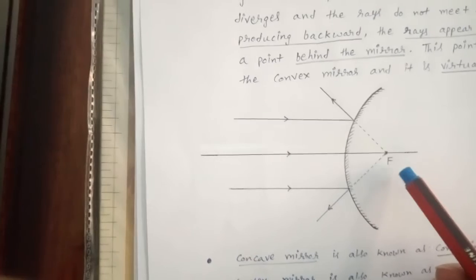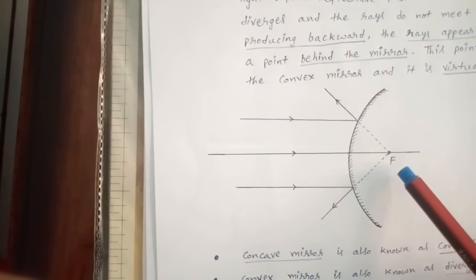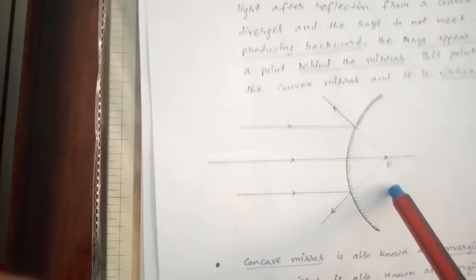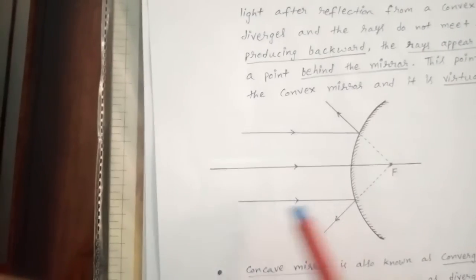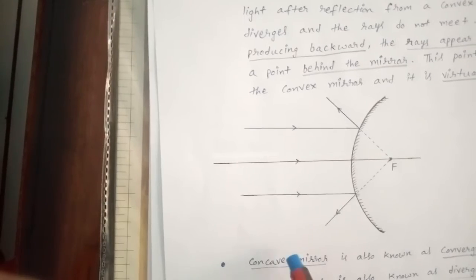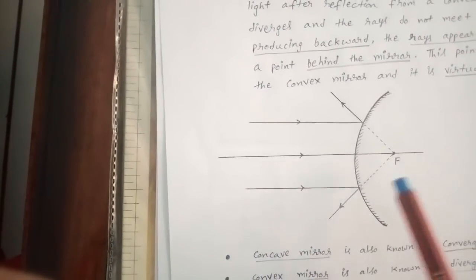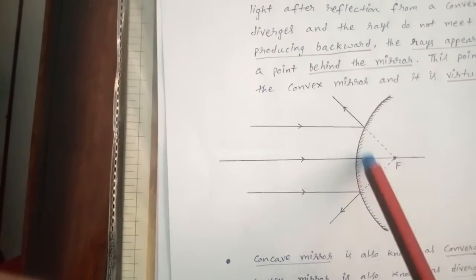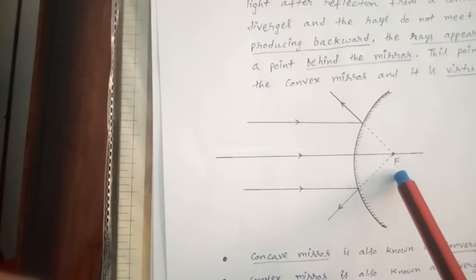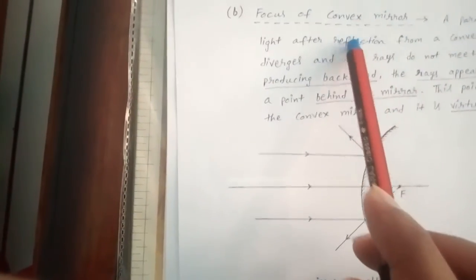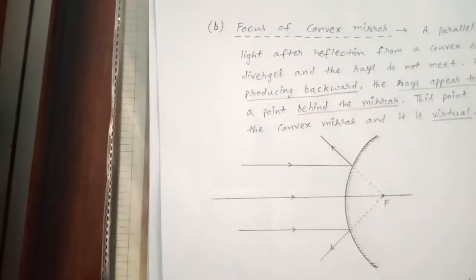That one is produced virtually. So this image would be a virtual image. The person standing in front of this convex mirror would see the image within the mirror, not on the screen. So this image is a virtual image because the rays of light don't actually meet at the focus. So the focus of a convex mirror is a virtual focus.